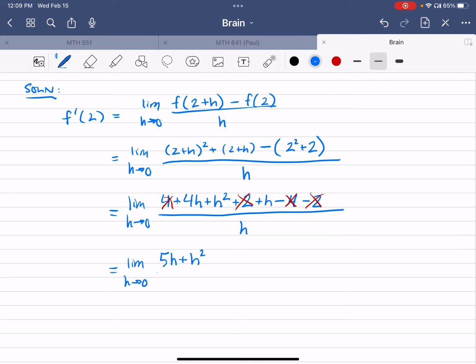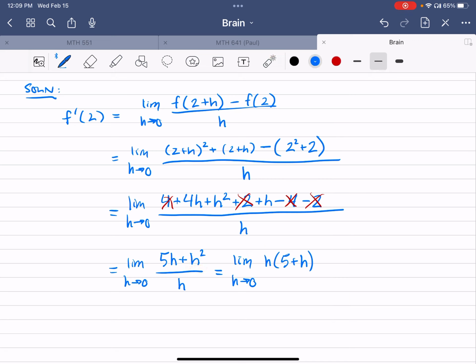That's everything on the numerator divided by h. And then now I can pull out an h from the numerator, 5 plus h. Just double check, if I distribute this h through, we get the same thing as we have here. This will be 5h, and then this will be h squared.